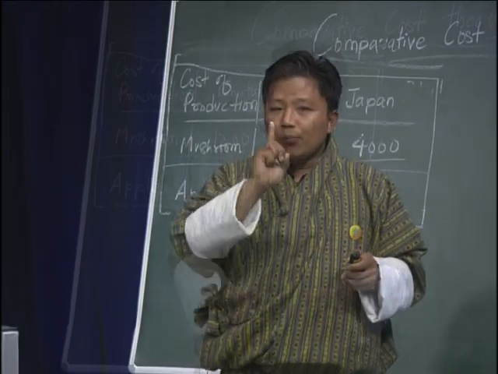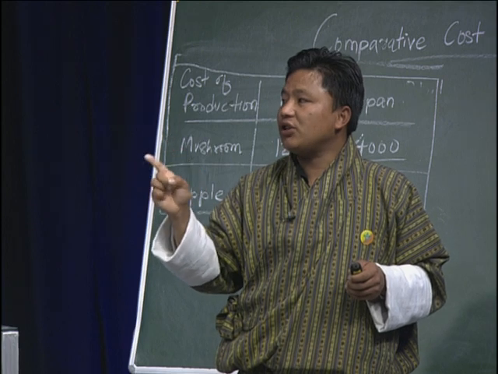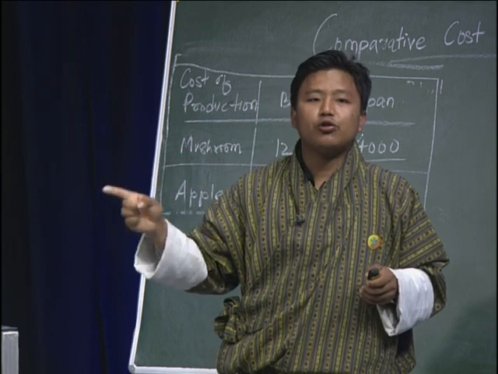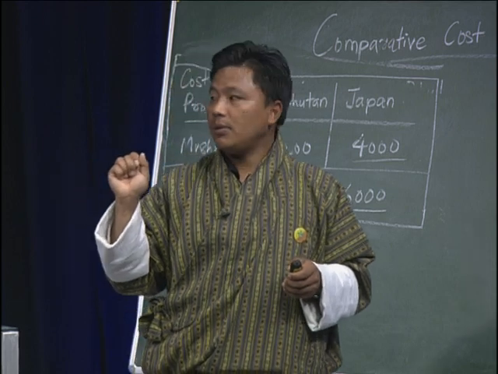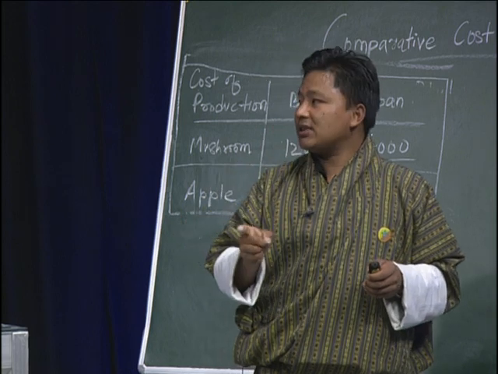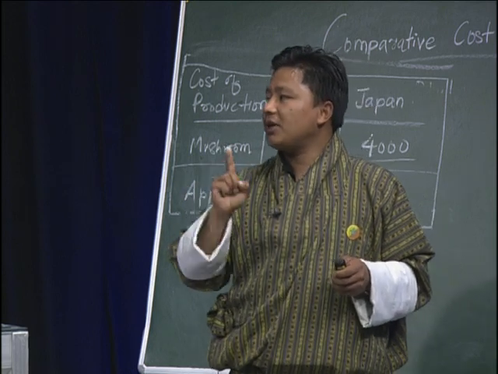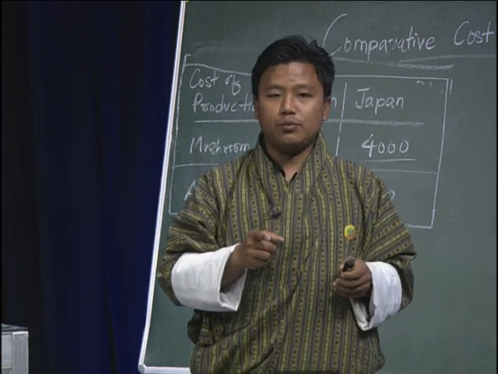Bhutan should sacrifice 0.66 kg of apple in order to produce 1 kg of mushroom. And similarly, Bhutan should sacrifice 1.5 kg of mushroom in order to produce apple.